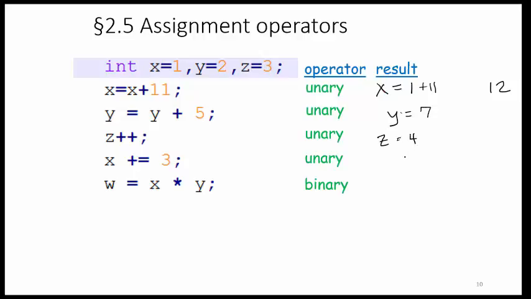X plus equals 3. So x is currently 12 if we were in a program. So I'm going to add 3 to it. So x will now get assigned the value of 15. And then finally, w equals x times y. X is 15.